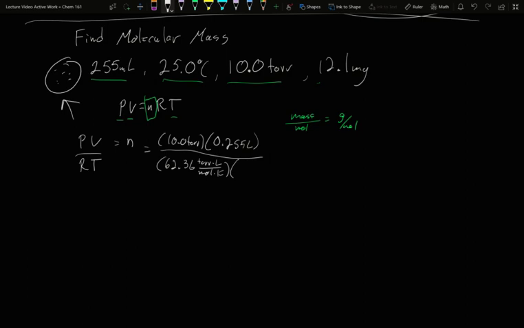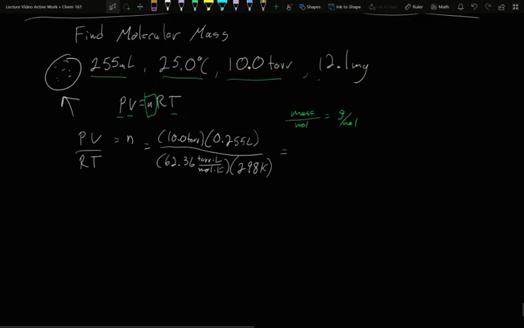And temperature, well, I need to be in Kelvin, so 25 plus 273 for 298 Kelvin. That gives 0.000137 mole of gas. So we know how many moles are in this container, and we have the mass.